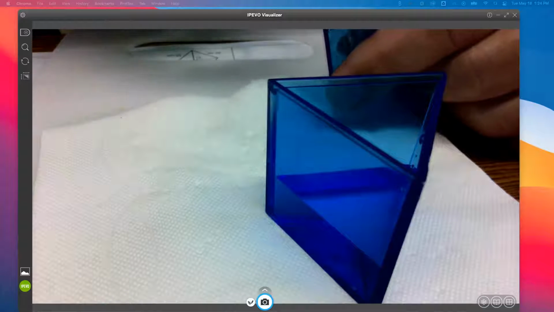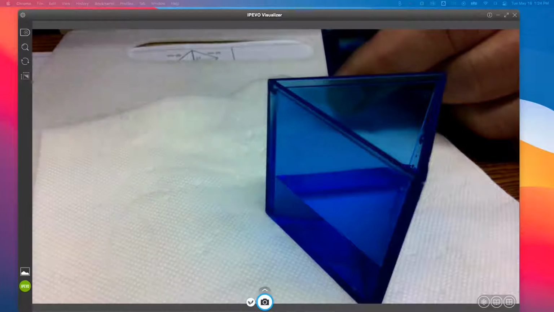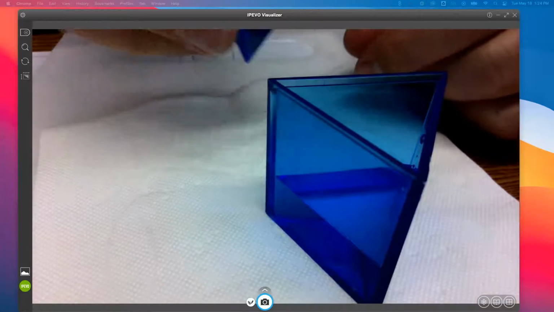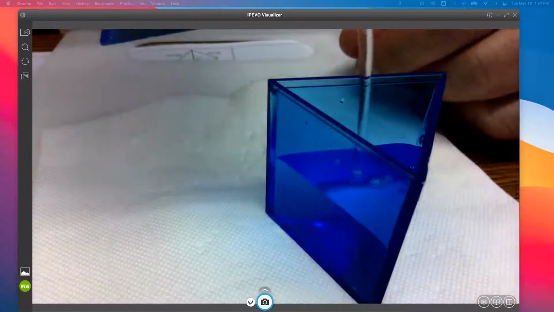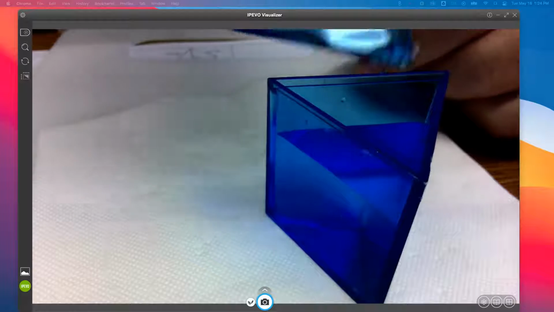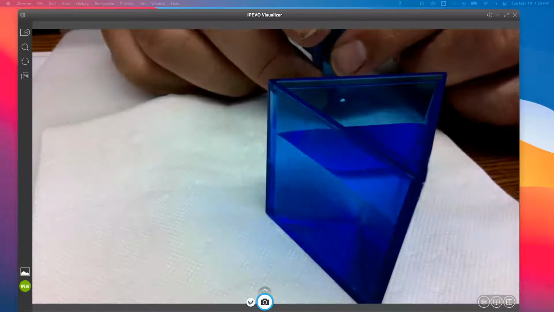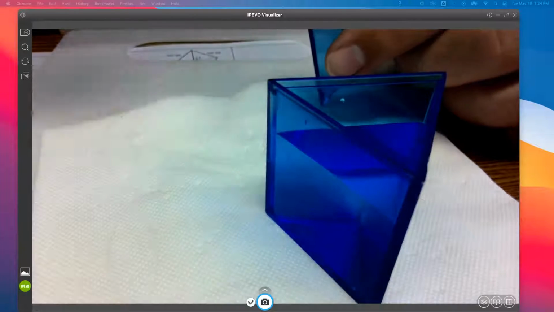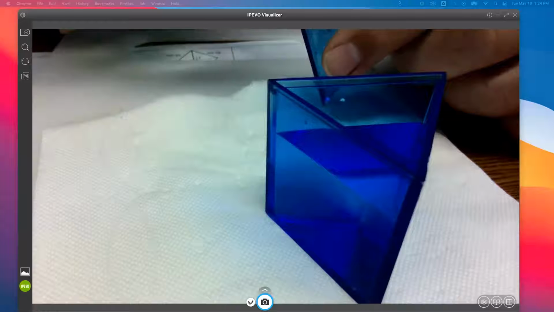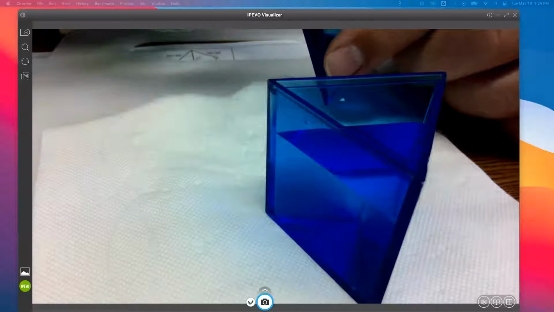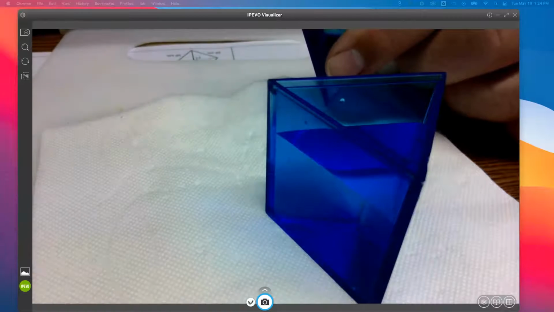So here comes number 2. Okay. Looks like 3, doesn't it? You guys think I'm going to spill it out, don't you?